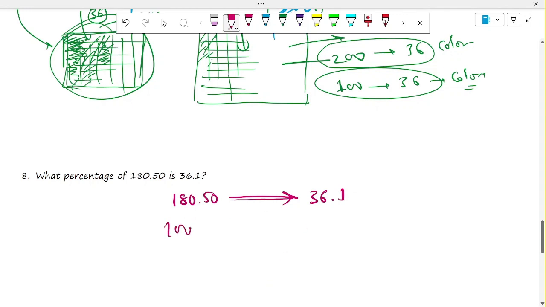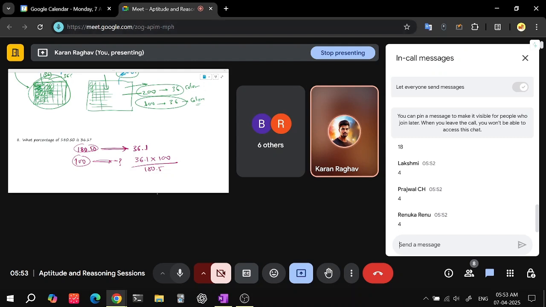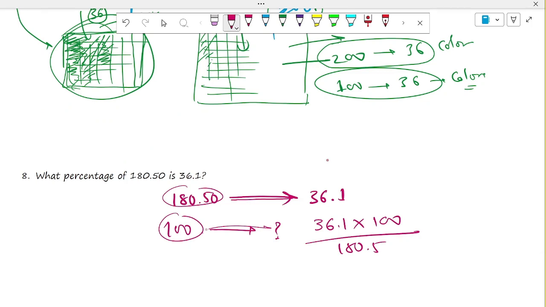From 100 how much are you considering? Just use the proportion concept. This and this both are the same. Then for 100 how much will it be? You will be doing 36.1 into 100 divided by 180.5. This will give you the correct answer. Actually, in the previous case also you are doing the same thing, but without using the proportion. Just try to solve this question, and I hope this is a way of finding the answer in this.